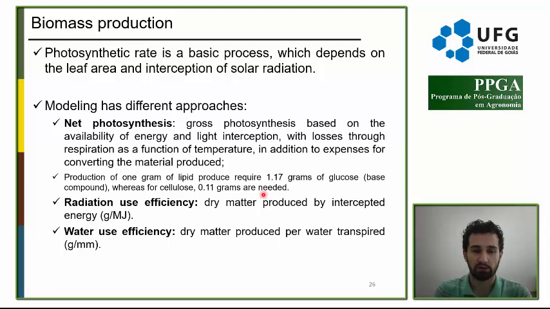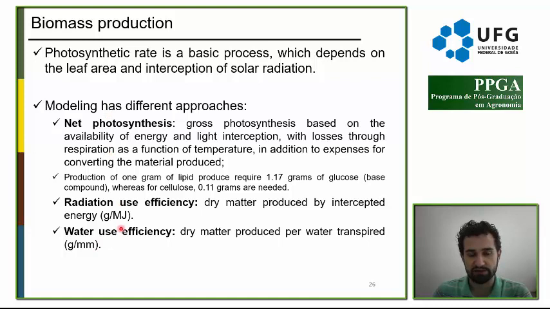Another approach, very simple, is the radiation use efficiency, where the dry matter produced is defined by the intercepted energy, using a conversion in grams of biomass per megajoule intercepted by the crop. Another approach uses the water use efficiency, where the dry matter is produced per water transpired by the crop, so we have grams per millimeter of water lost by transpiration.